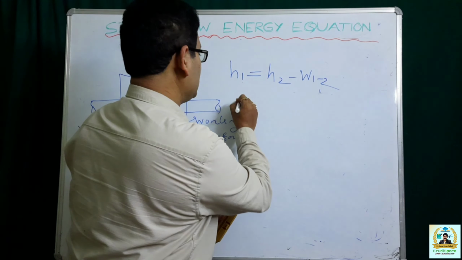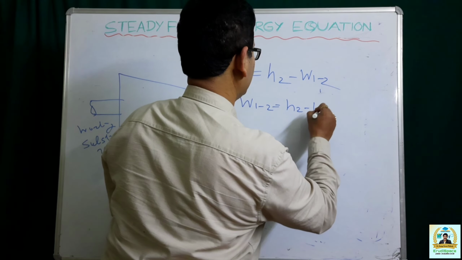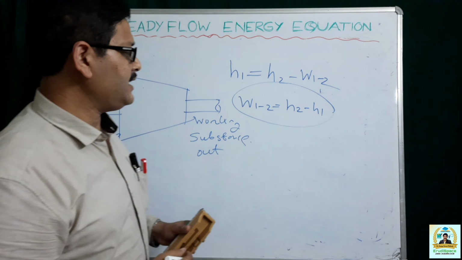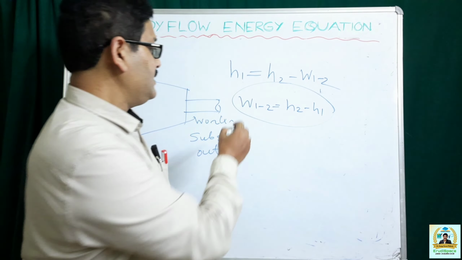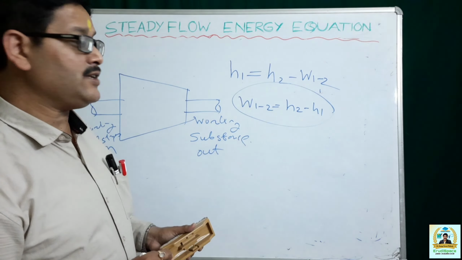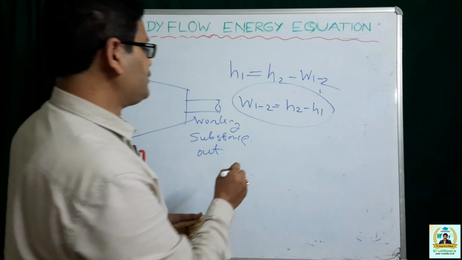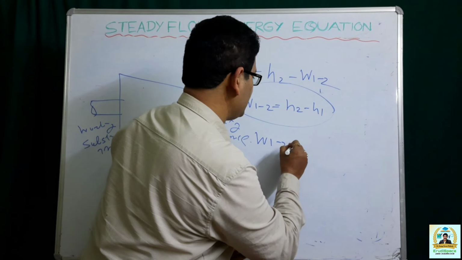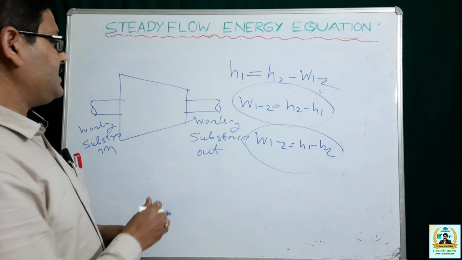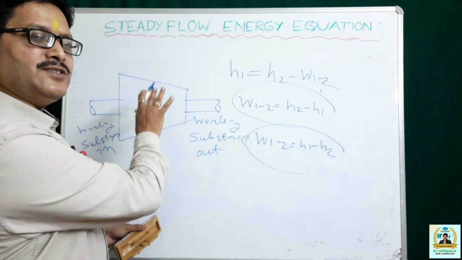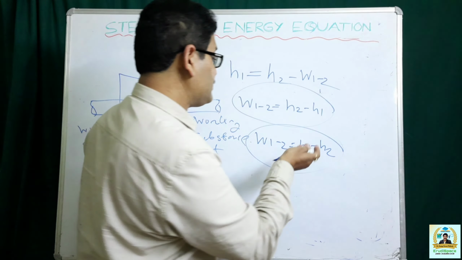So in this case, W12 is equal to H2 minus H1. So when you consider the compressor and the turbine, W12 is equal to H2 minus H1 for compression, and W12 is equal to H1 minus H2 for turbine. This is because in compression, work is done upon the system, whereas in a turbine, work is obtained from the system.